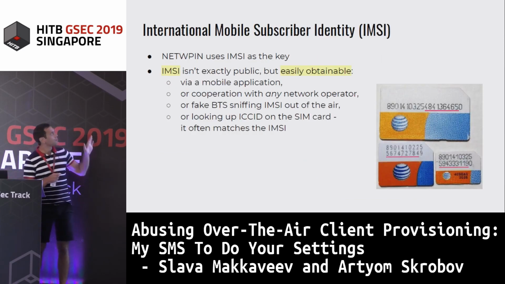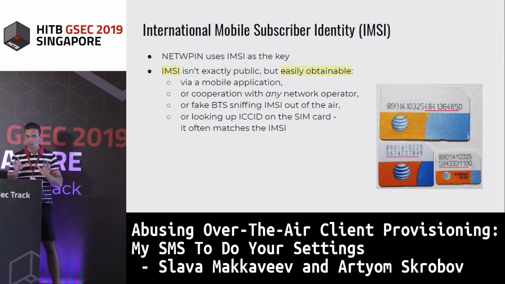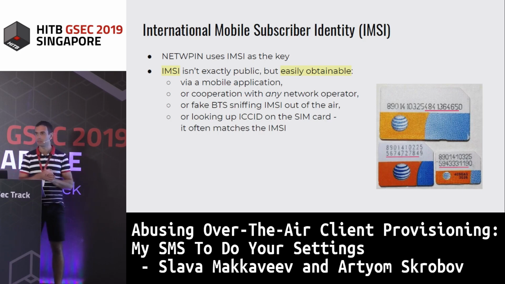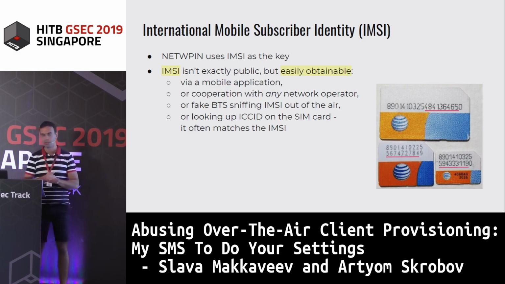As was mentioned, the international mobile subscriber identity, or simply IMSI number, could be used as a key for client provisioning. And once we have the victim's IMSI, we can impersonate a genuine client provisioning message.